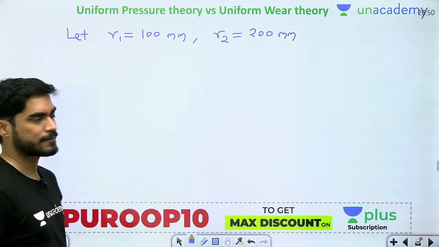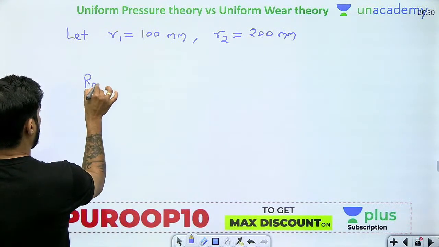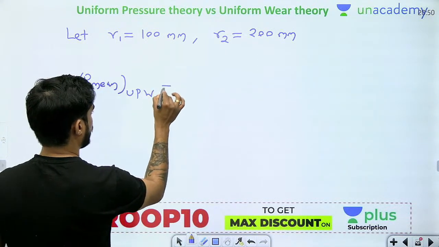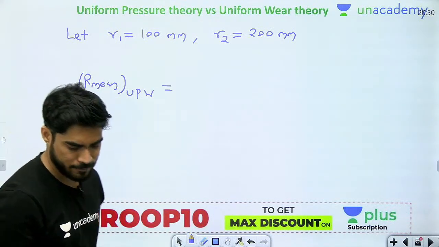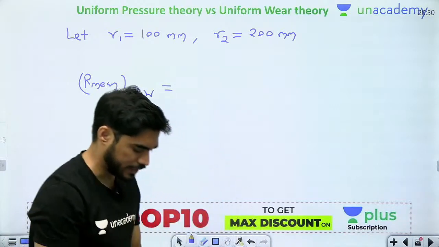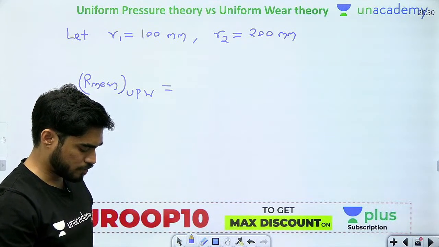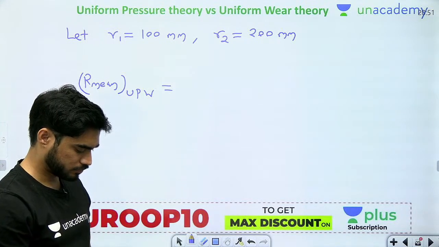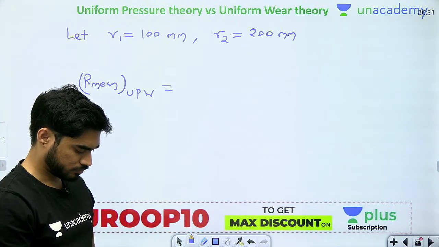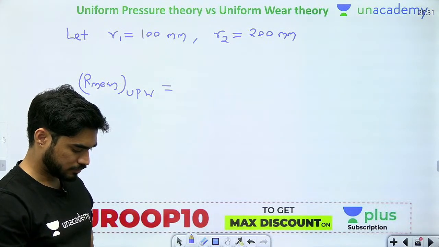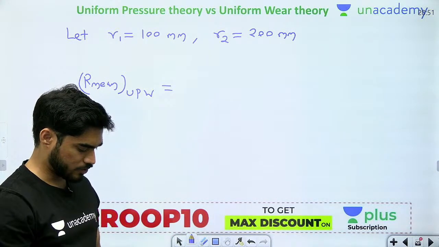Let me assume this. Now tell me, what will be the mean radius of friction according to uniform pressure theory? Calculate it. 2 by 3, R2 cube minus R1 cube, upon R2 square minus R1 square.